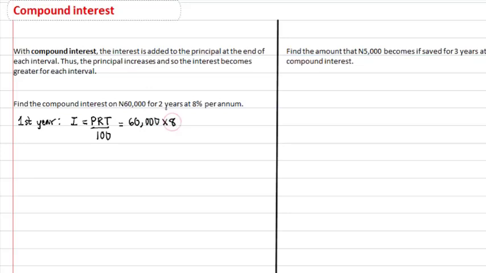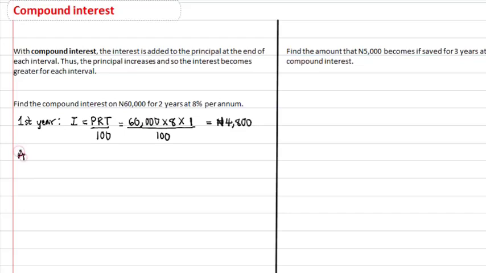Since we're looking for the first year, it's only 1 year, just for that 1 year alone. So 1, divided by 100. If we multiply all this, divided by 100, we arrive at 4,800.